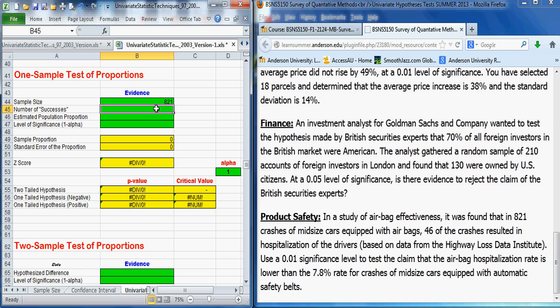So out of this number, 46 incidents or crashes caused the driver to be hospitalized. The estimated proportion we see is 7.8%. We're going to convert that to a decimal, 0.078. And level of significance, we want to look at alpha as 0.01. Therefore, we're going to use 0.99 for our value.